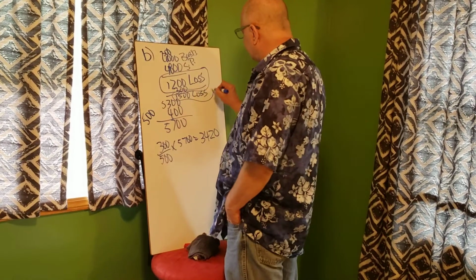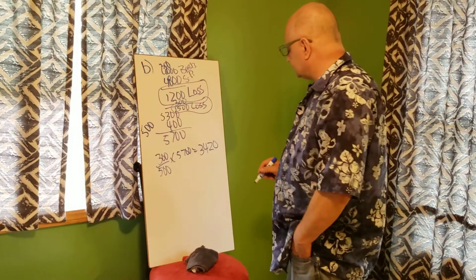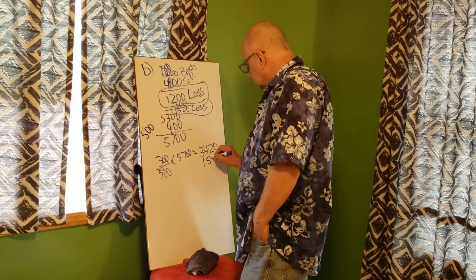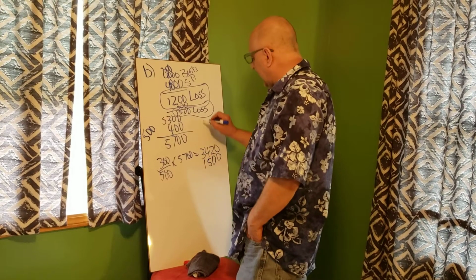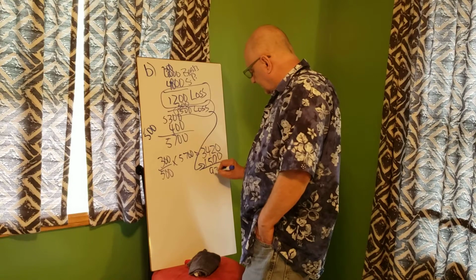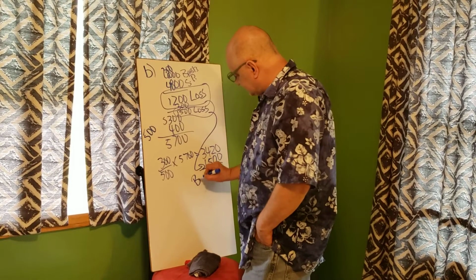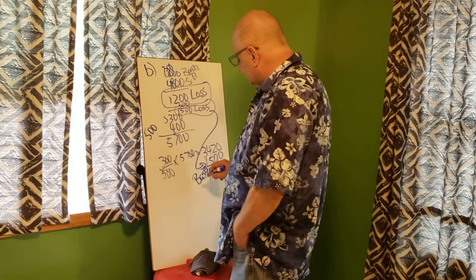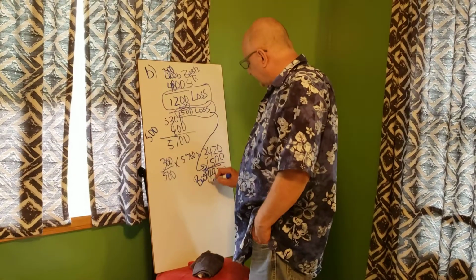This loss now gets added to the basis of these wash sale shares. So we're going to add this $1,500 down here to give us a basis in these 300 shares of $4,920.